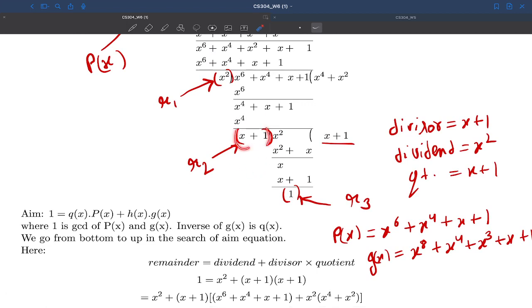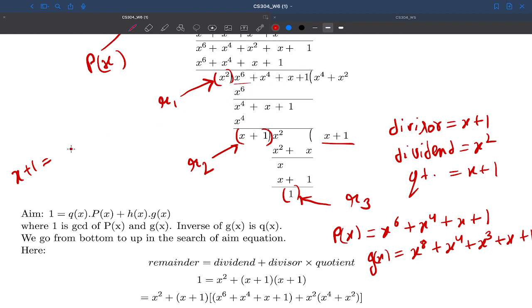This x plus 1 which I am taking as divisor in this iteration, if we go upward, this x plus 1 we got as remainder r2 when we divided this polynomial with x square. So again with the same formula, same notion, I can say that x plus 1 is equal to dividend, what is dividend?